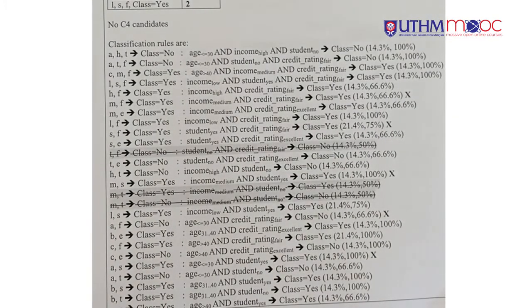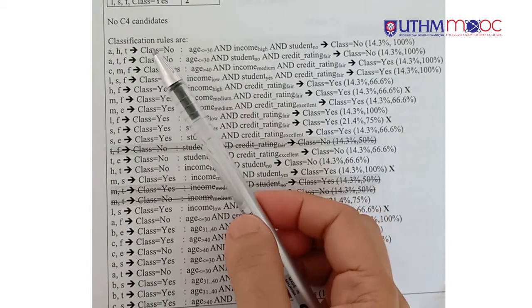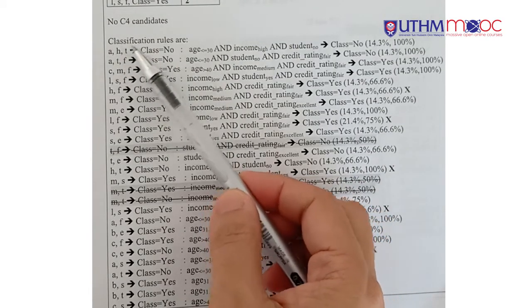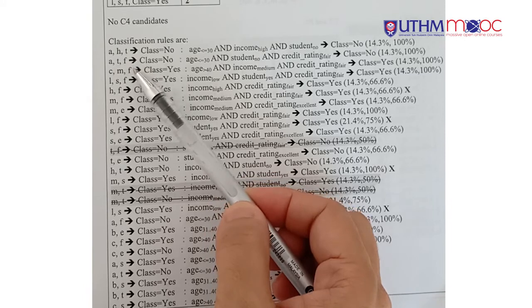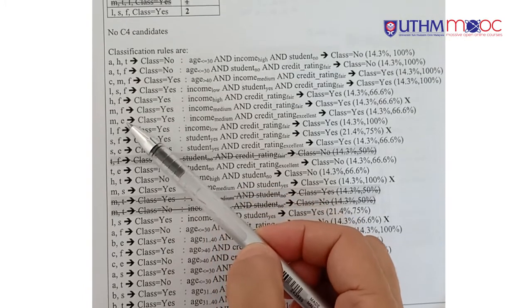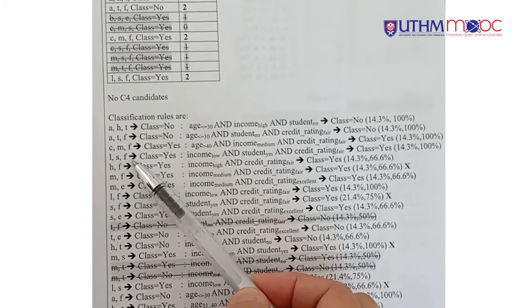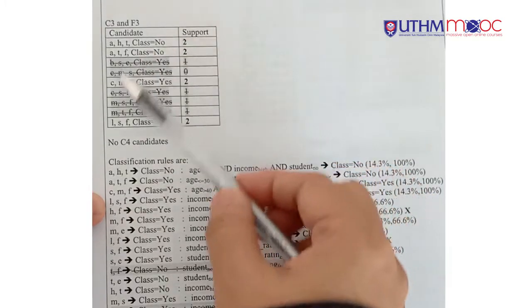We have these rules, AHT, ATF, CMF until LSF, that come from this table.